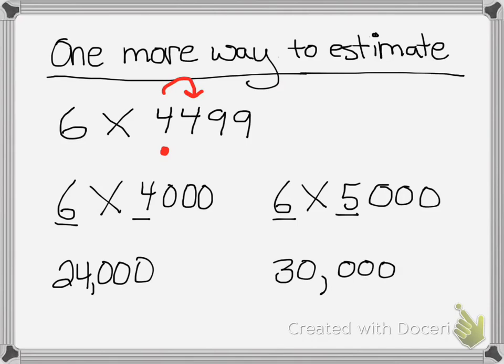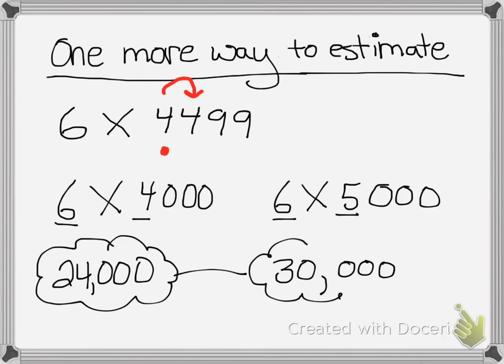Okay, so the answer would actually be somewhere in between 24,000 and 30,000.